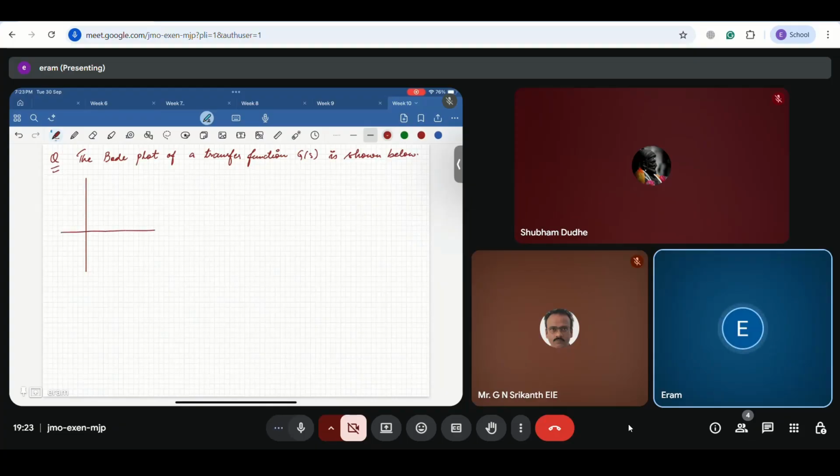It is like this. This is omega 1, this is 10, this is 100, this value is 32, this is 20, and this is 0.